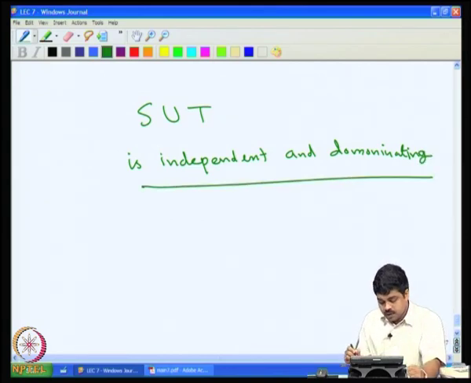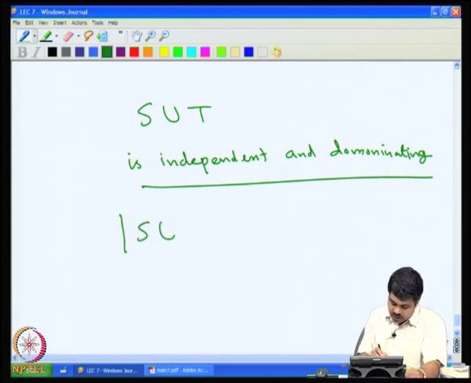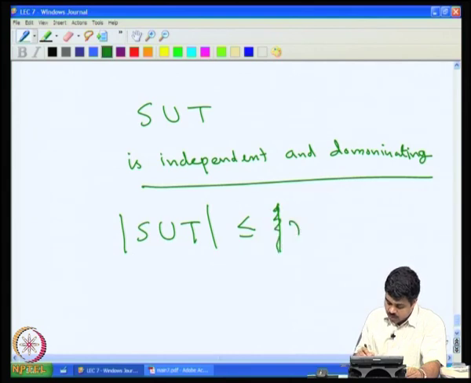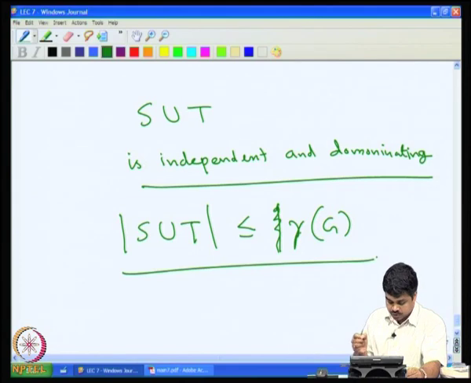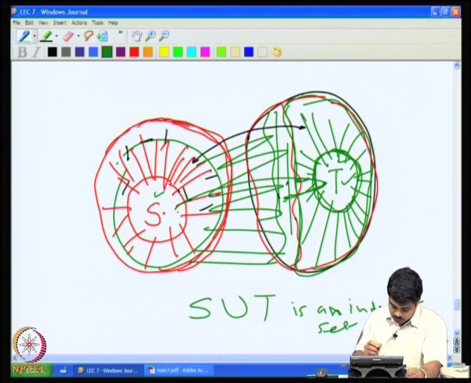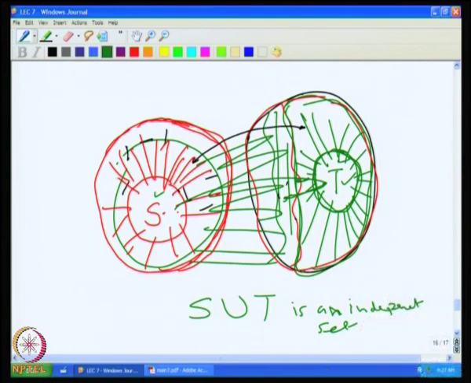The only thing to show now is that this S union T, the independent dominating set we have shown, has cardinality less than or equal to gamma of G. This is all we need to show. But to go back, gamma of G is essentially the cardinality of this set.